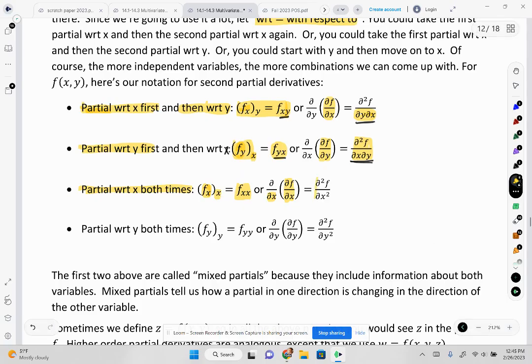And that gets written as del squared f over del x squared. It just means the second partial of f with respect to x both times. That's how you would read it: second partial of f with respect to x twice.